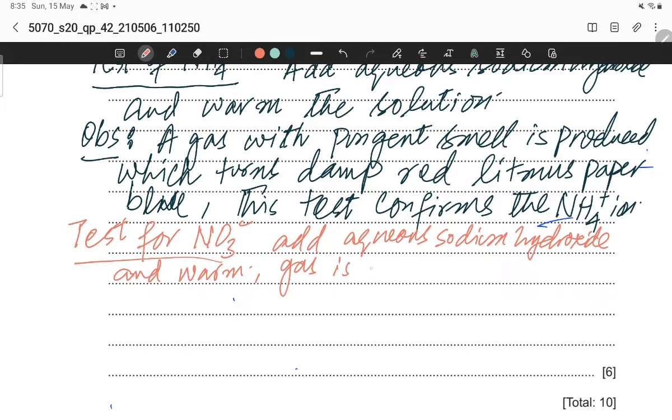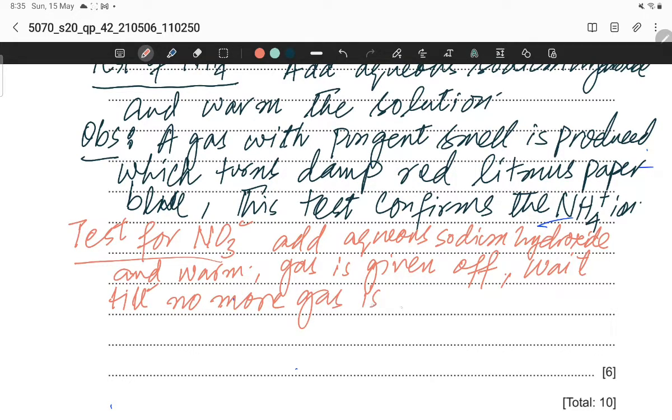Gas is given off. Wait till no more gas is given off.